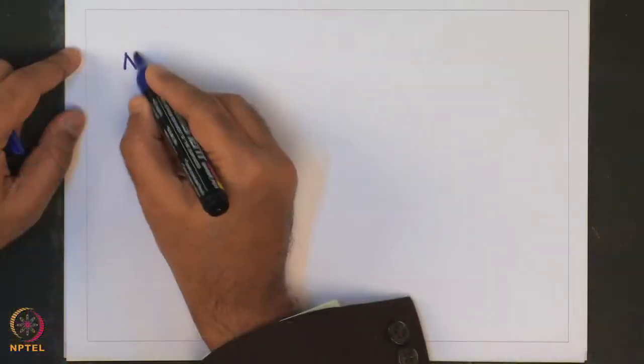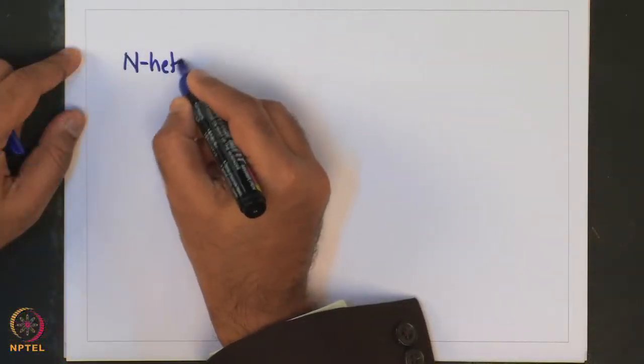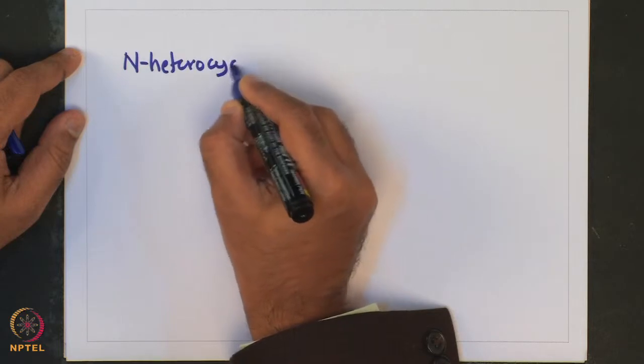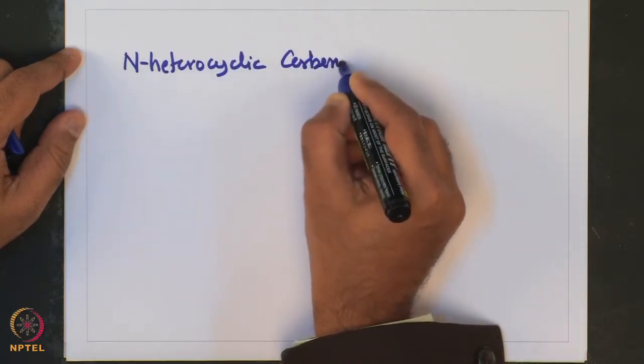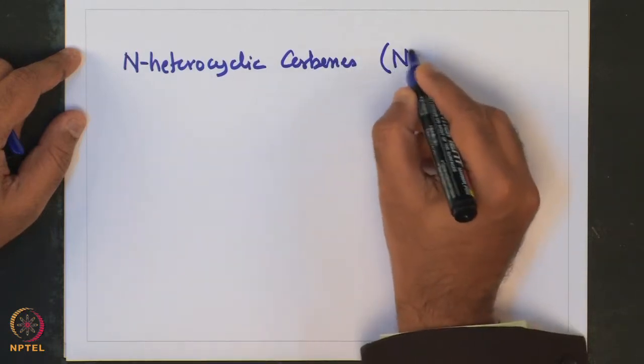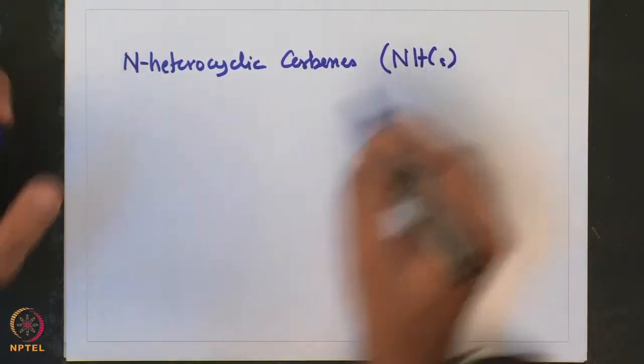Now, with regard to transition metal carbene complexes, we had come across the free carbenes, which are called N-heterocyclic carbenes, or referred to as NHCs.